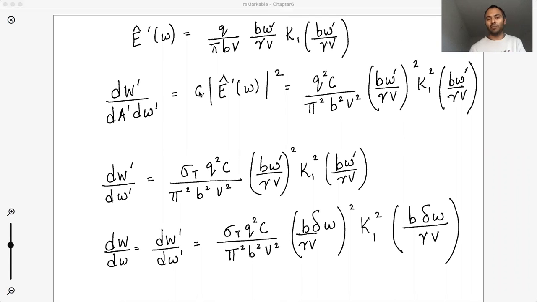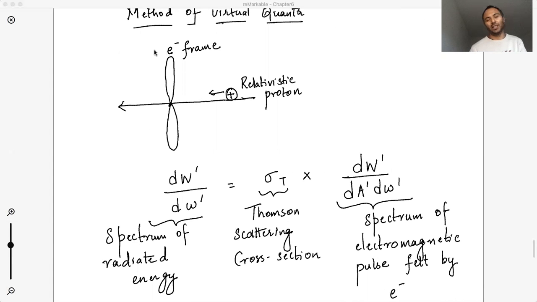The only assumption we are making is that the electron is basically going on a straight line, right? So we are still making the assumption of a large impact parameter. Otherwise, you can't transform into a single rest frame for the electron. The electron actually is an accelerating body. It's not just going in a straight line, it's actually accelerating.